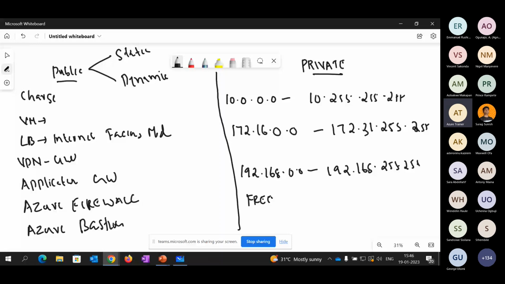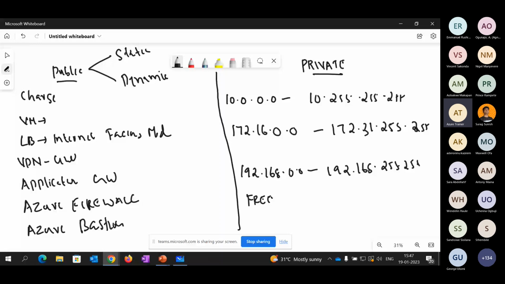Yes, IP version 6 can also be configured in a similar way. That's a bit complicated, so I can give you a document on that. IP version 6 is used where you need a large pool of IP addresses. Right now, I'm not focusing on IP version 6 since this is a fundamentals and associate training, and I don't want people to get confused.